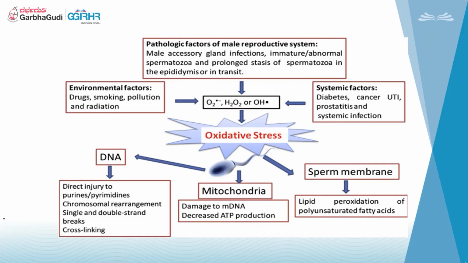At the level of mitochondria, they damage the mitochondrial DNA and decrease ATP production, thereby hampering motility. Then, working on the sperm membrane, they cause lipid peroxidation of the unsaturated fatty acids. So we see how the reactive oxygen species work at DNA, mitochondria and sperm membrane, and cause damage.